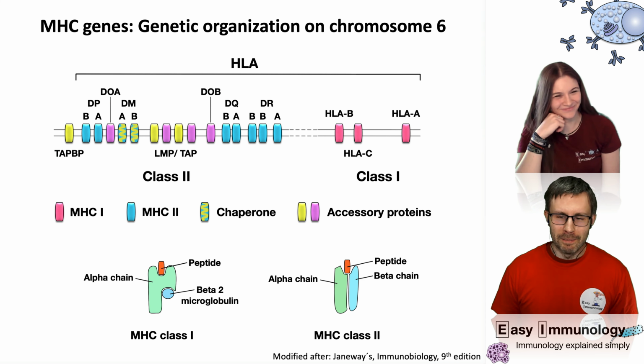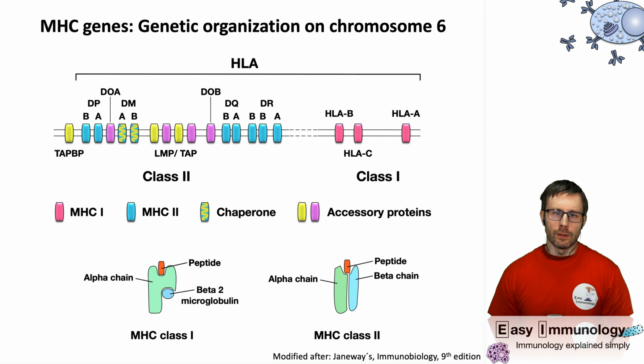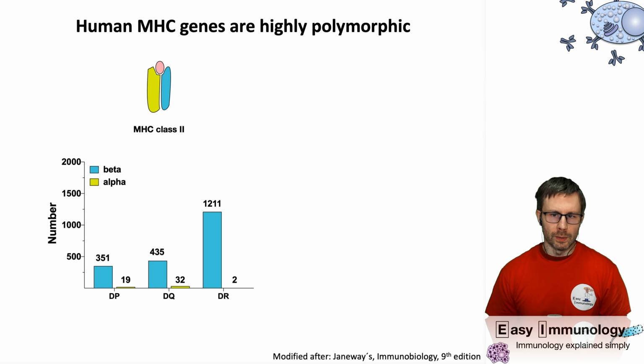Okay, so after looking at how they are organized on the chromosome, if you look at the bigger picture, at the whole population of humans, you will find that there are different variants of the genes that form the proteins for the MHC molecules.